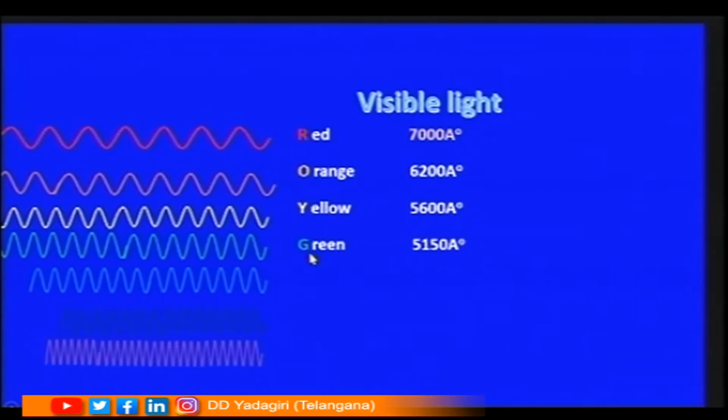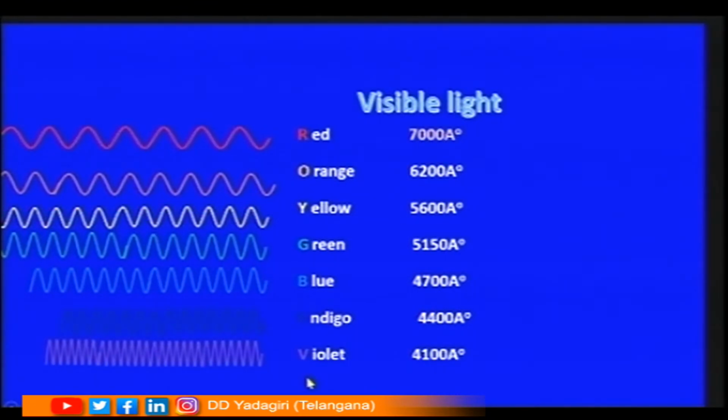Green has 5150 angstroms. Likewise blue 4700 angstroms, indigo 4400 angstroms, and violet, which has the shortest wavelength in visible light, 4100 angstroms. So these are the wavelengths for visible light.